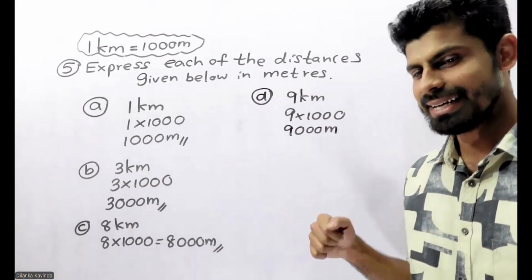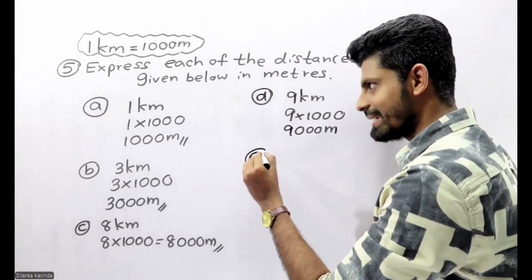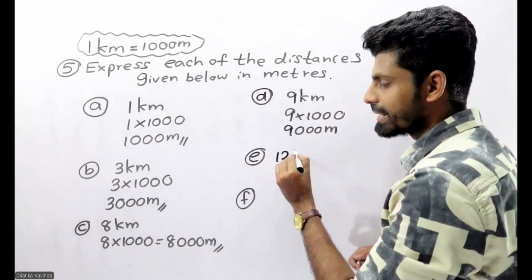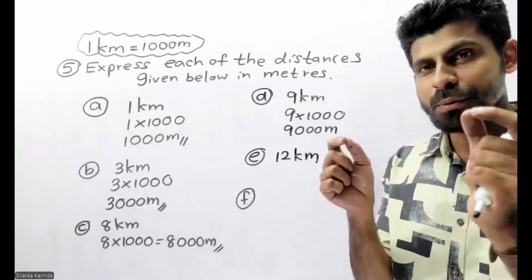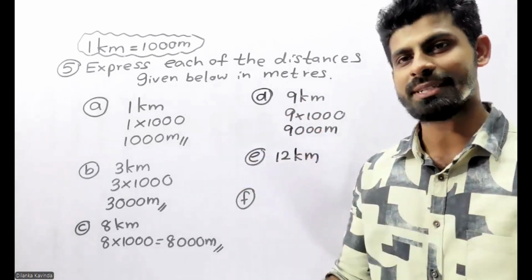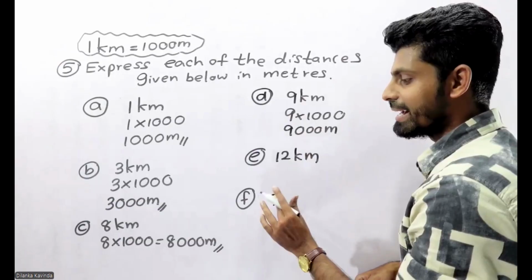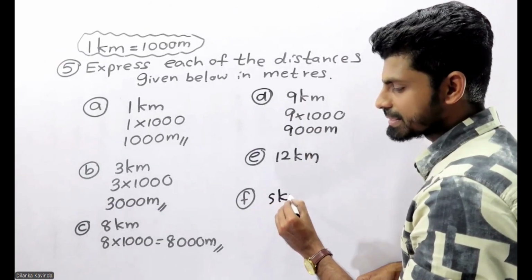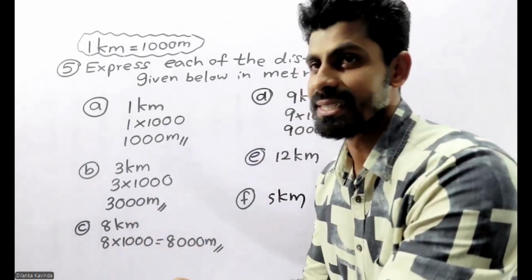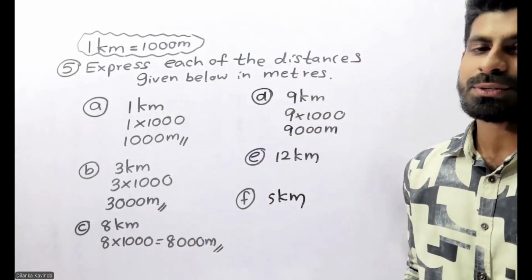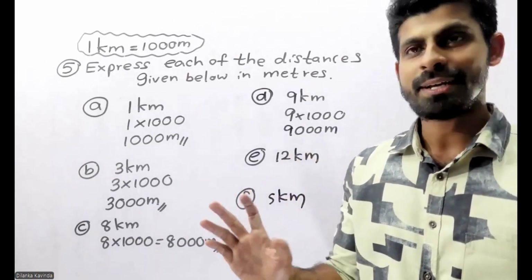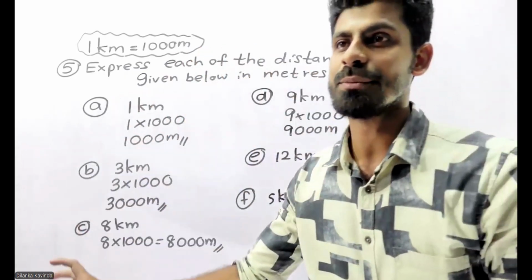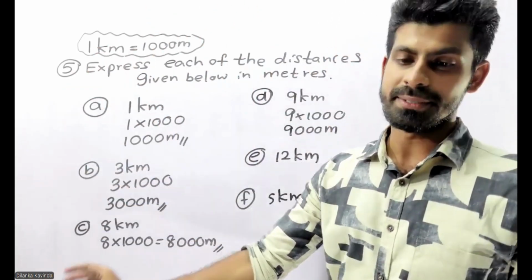Then E and F: 12 kilometers means 12 into 1,000. 5 kilometers means 5 into 1,000, which is 5,000. So, to convert kilometers into meters, multiply by 1,000.